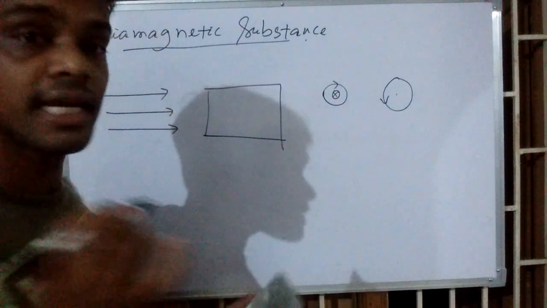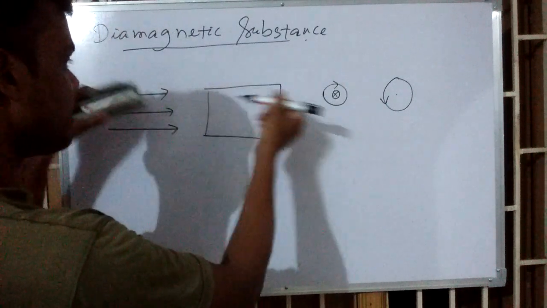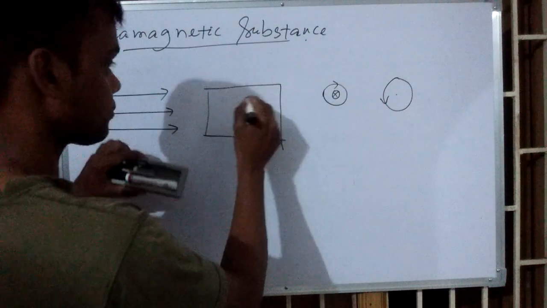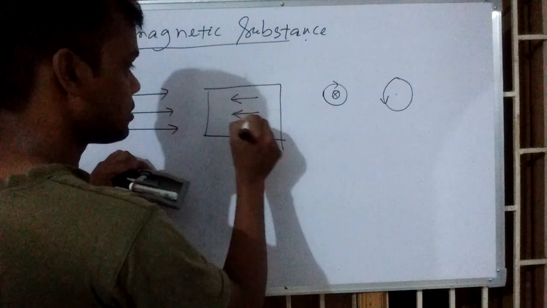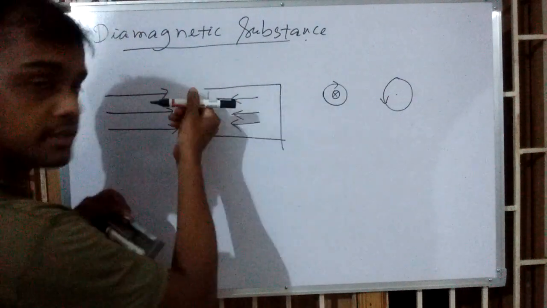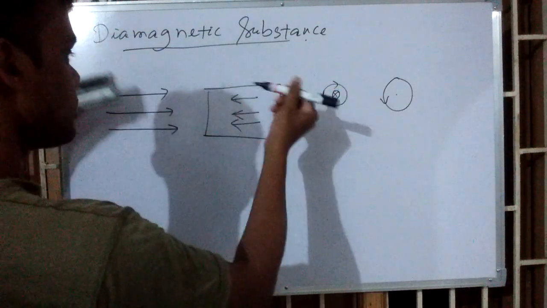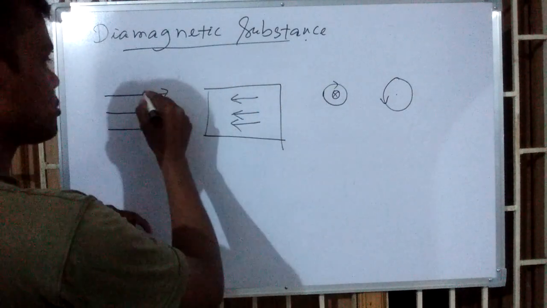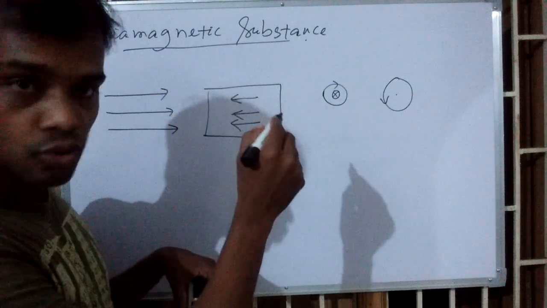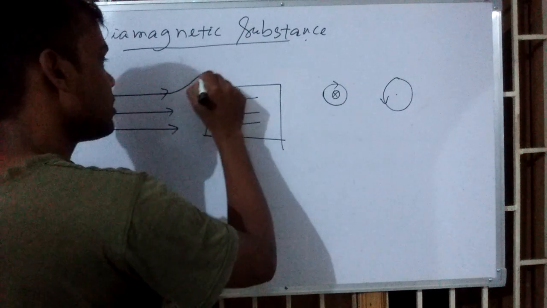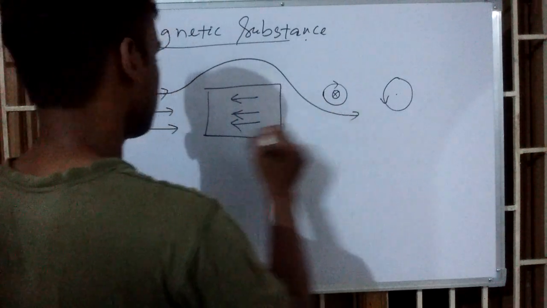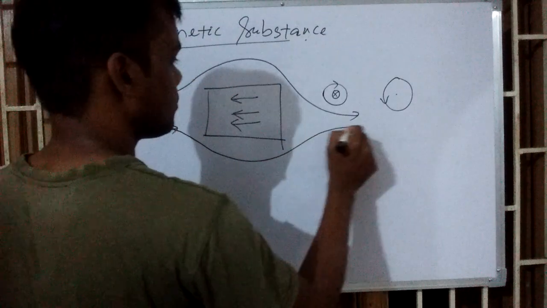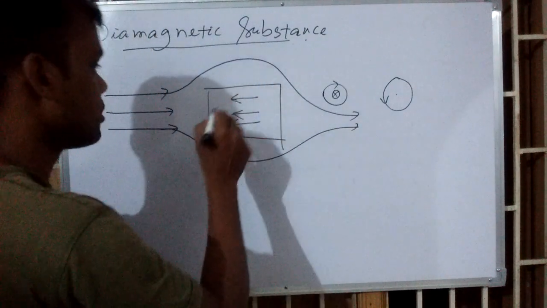If the magnetic moments get increased, then they will repel the external magnetic field. That means the net magnetic moment inside the material is in this manner, so they are repelling the external fields. The external field has nothing to do; it will simply avoid the material and go like this. Very simple, because they are repelling.